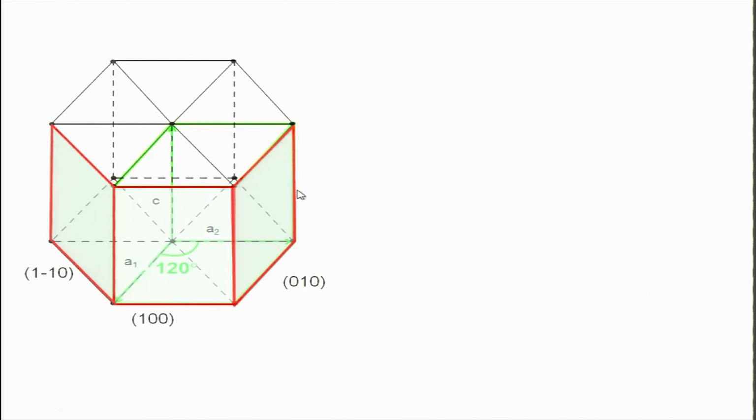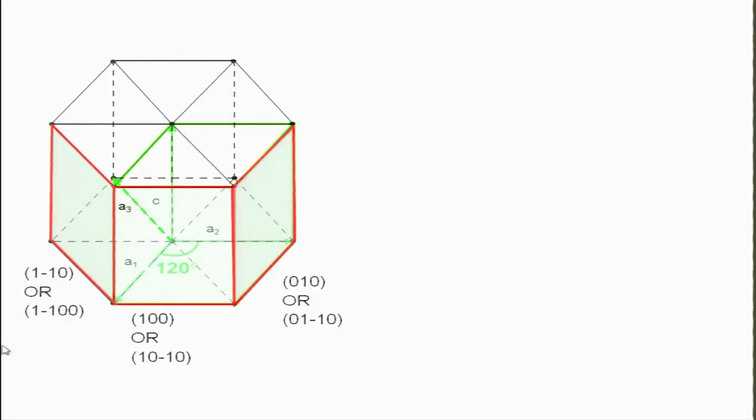That is where the 4-axis system helps. The 4-axis system will allow us to denote all of these planes in an identical fashion. If I convert this 1 0 0 into the 4-axis system, it becomes HKIL. H and K remain the same, I becomes minus of H plus K, and L remains the same. So this will become 1 0 bar 1 0. Similarly this will become 0 1 bar 1 0, and this one will become 1 bar 1 0 0.